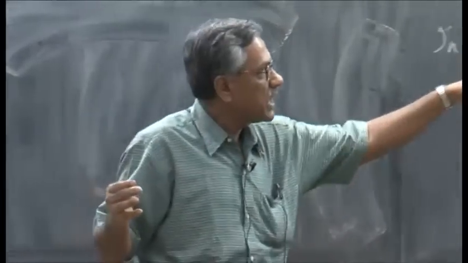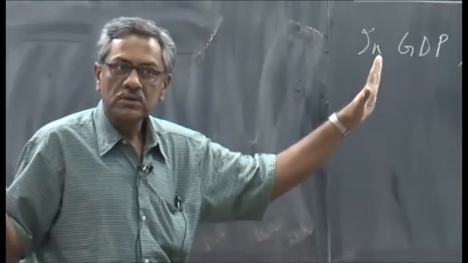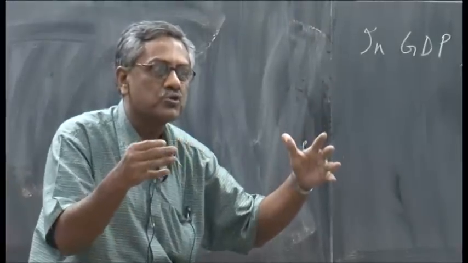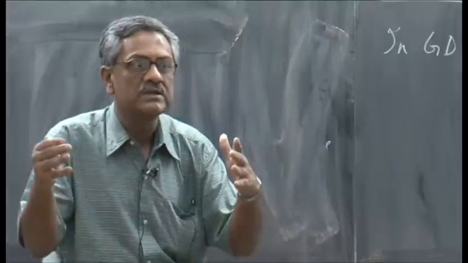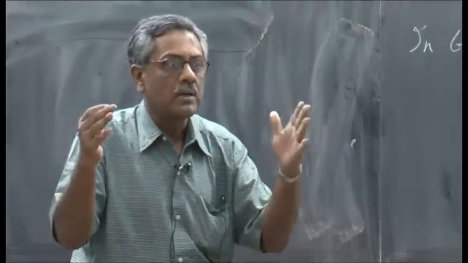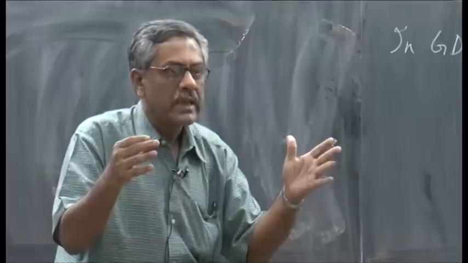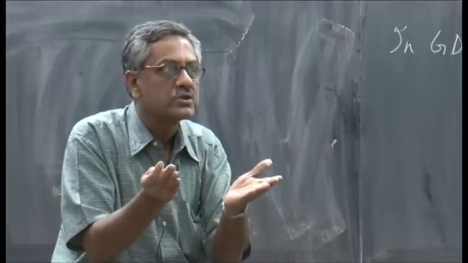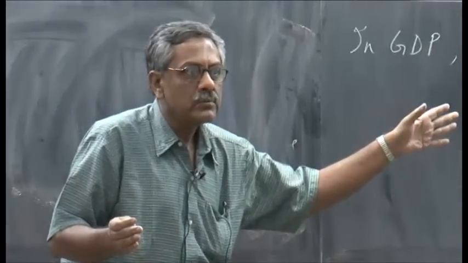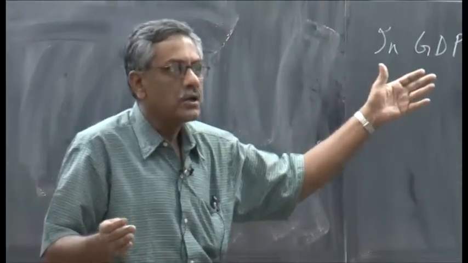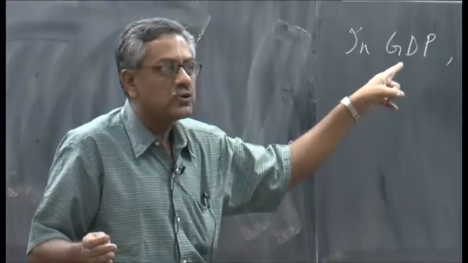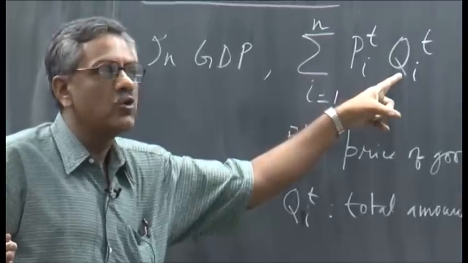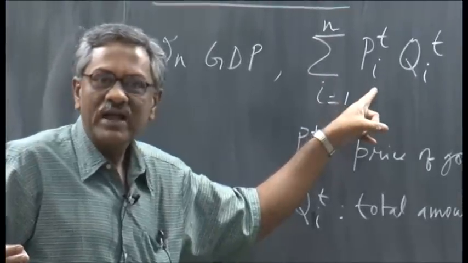if I can keep the prices constant, but prices are still allowing me to convert the physical volume of output of chairs and automobiles and fans and whatever into a nominal value where I can add them in a common unit, then I have solved the problem. Because then year after year, any change in GDP value would be reflected through overall changes in the Q value and not the P value.